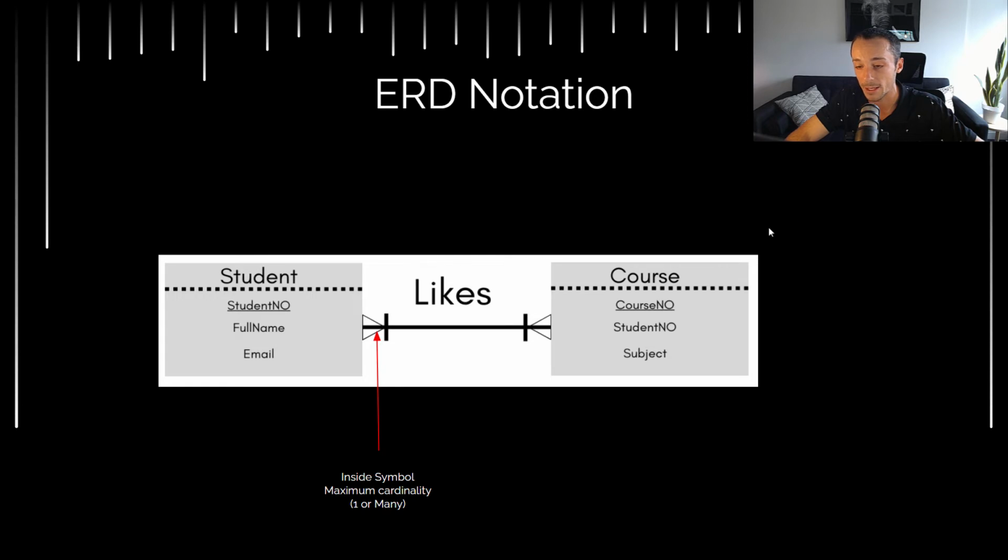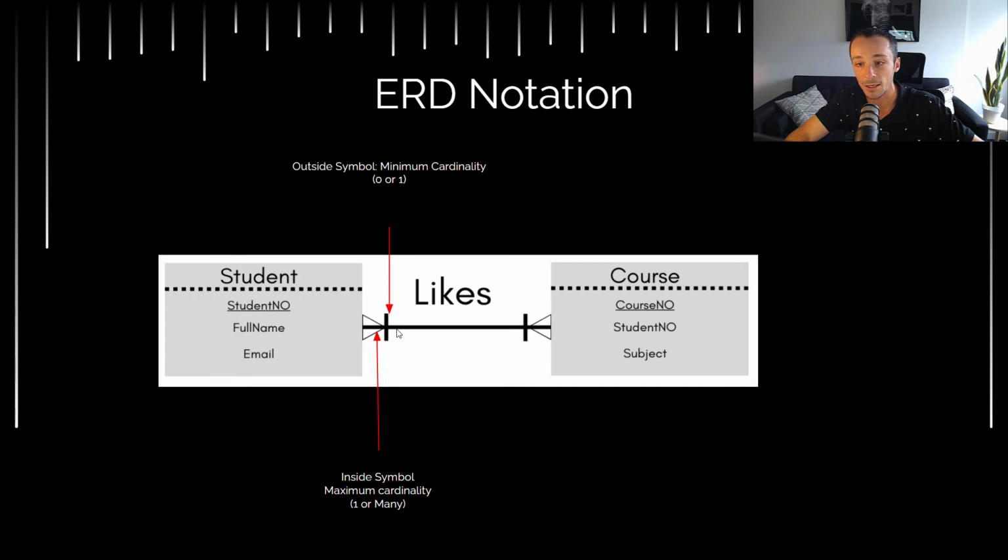That's how that reads. So back to what I was saying, the inside symbol. The outside symbol is the minimum cardinality, which can either be 0 or 1. So the way that reads is it would be many students, and it requires at least one student by minimum.